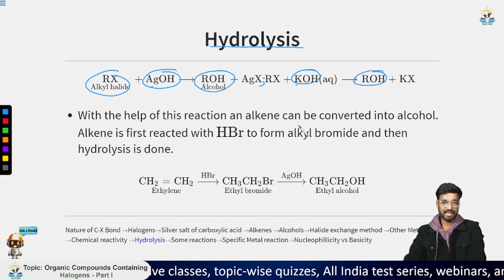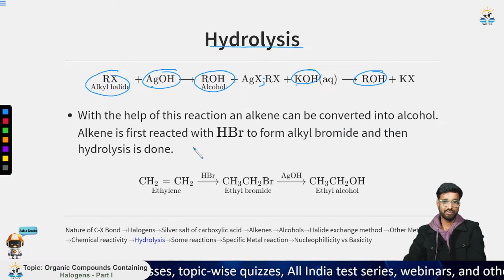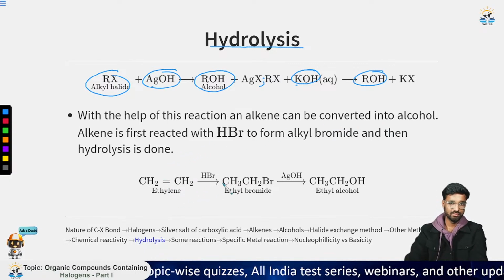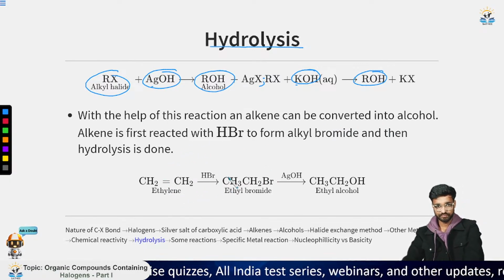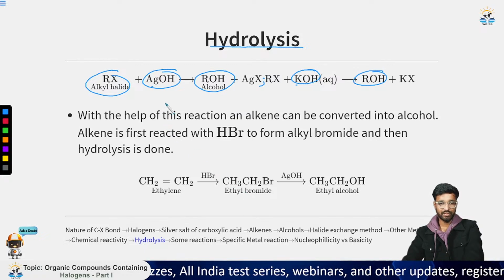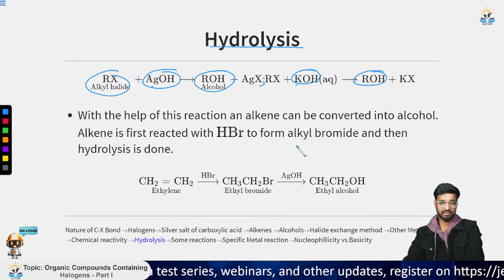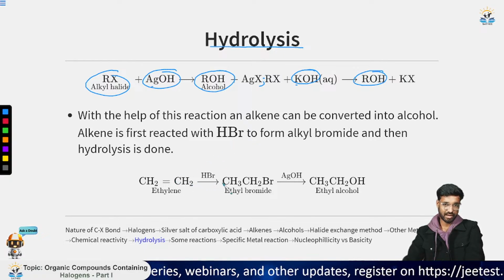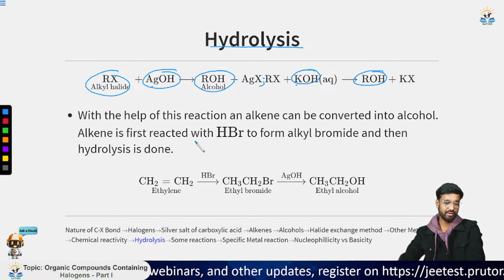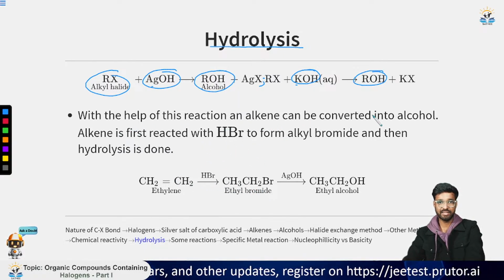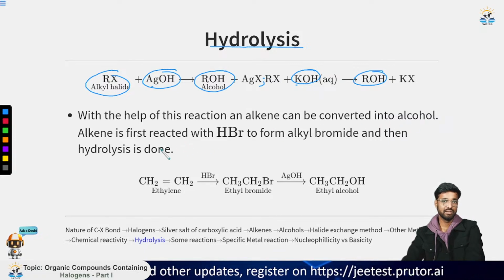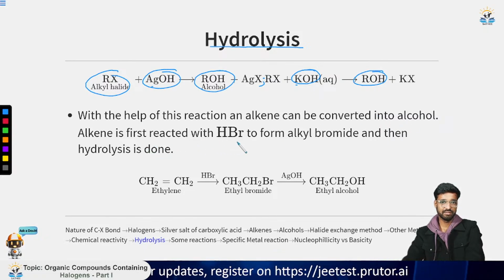With the help of this reaction, an alkene can be converted into alcohol. Alkene is first reacted with HBr.